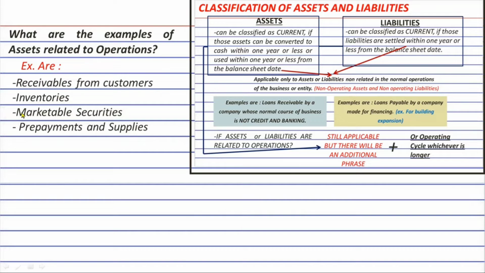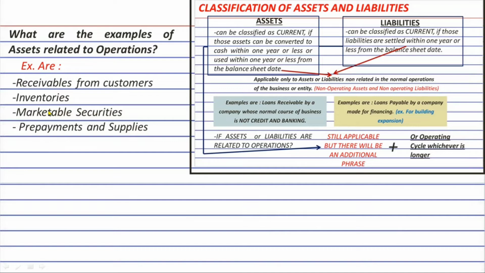Now, another is we have marketable securities, which are bonds or shares of stock of other companies bought by your company as part of its normal operations. For example, if your company is an investment company which trades or buys and sells shares, bonds, cryptocurrency, etc. If your company is like that, your company will probably buy those securities at lower cost.